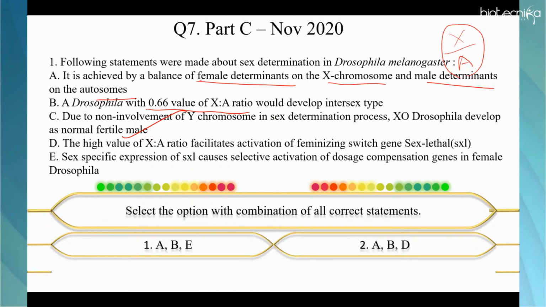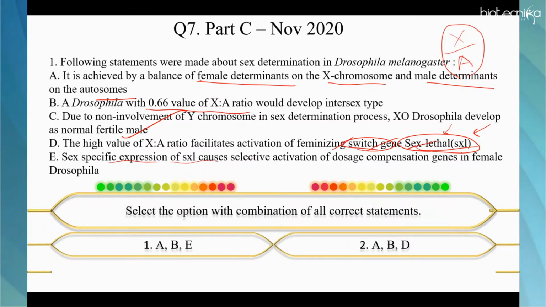So there might be 2 and 2 or 2 and 3, 4 and 4, like that there can be some variety. And accordingly, whatever ratio is there, it will facilitate activation of the feminizing switch gene. It is called a switch gene, Sex lethal, because it can be switched on only in the female phenotype. It won't be there in males.